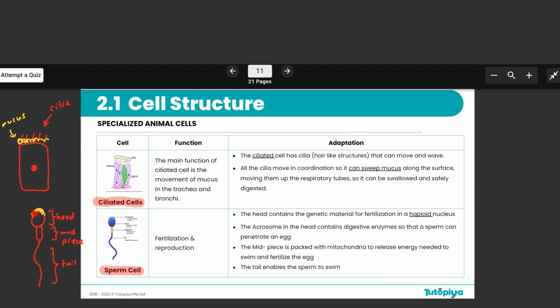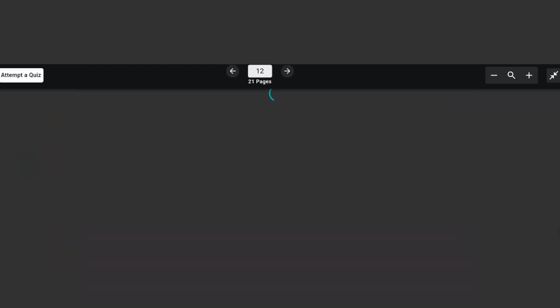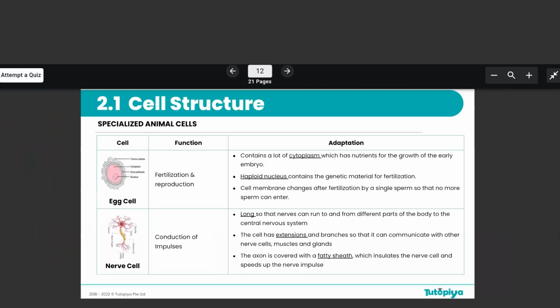So this acrosome contains digestive enzymes which are able to penetrate and enter into an egg cell. All right, so that's what we need to know about the sperm cell. And now we're moving on to the egg cell, which is the female gamete cell.